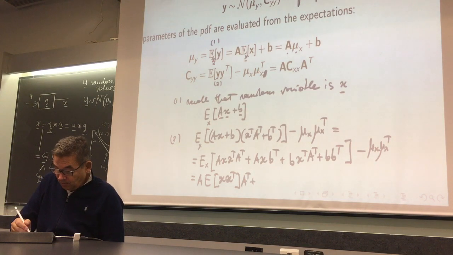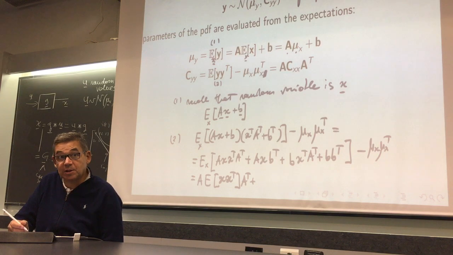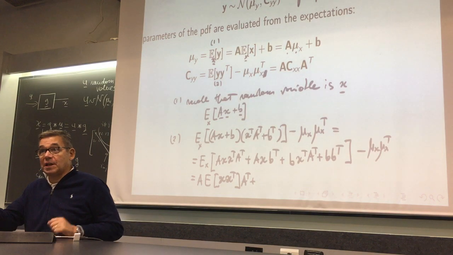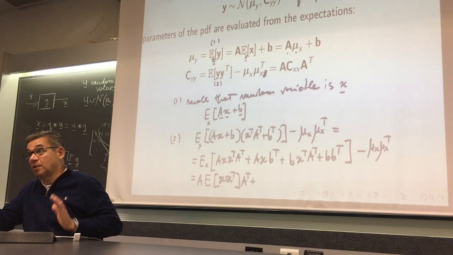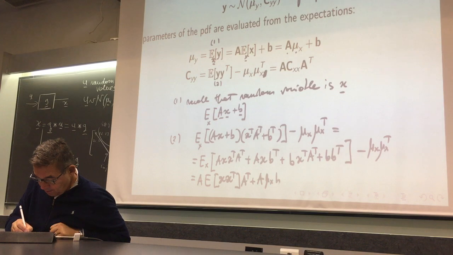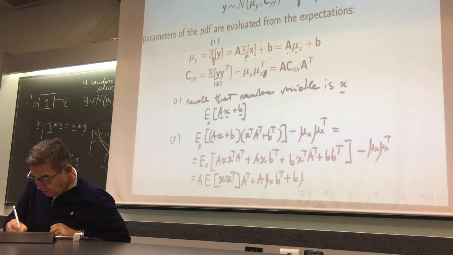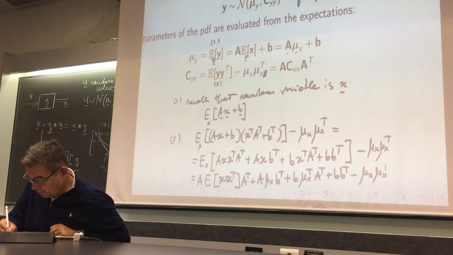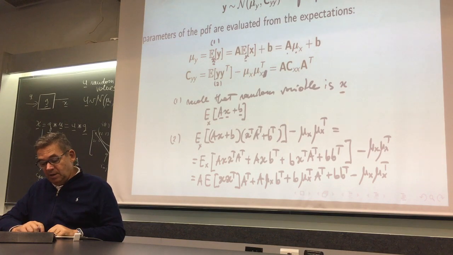Plus, now I need to apply the expectation. When I apply the expectation to the second term, the only random part is x. So when I calculate the expectation on x, it is the mean. So it's plus a mu x b transpose. And similar to the other, it is b mu x transpose a transpose. And then it is plus b b transpose. Minus mu x transpose. Okay.